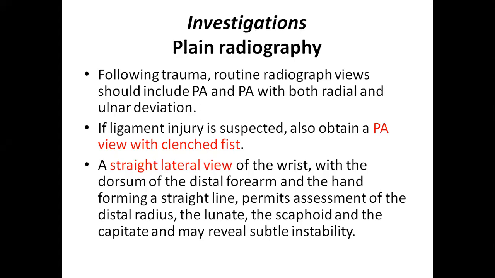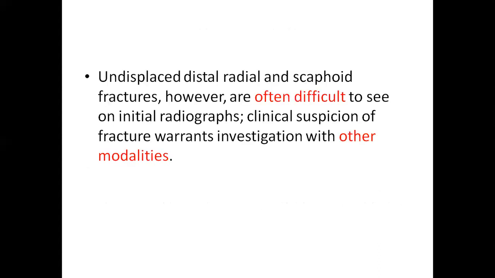This lateral view may give an idea about any instability which is difficult to recognize on the other views. So these stubborn instabilities can be revealed under the straight lateral view, related to the lunate, scaphoid, or the capitate.